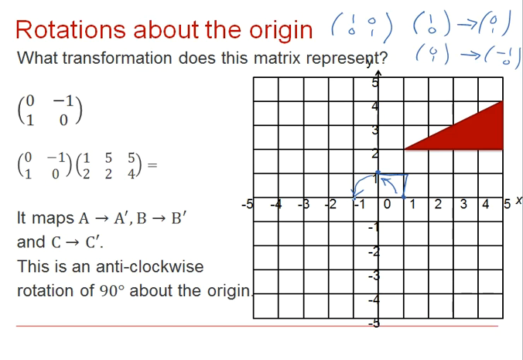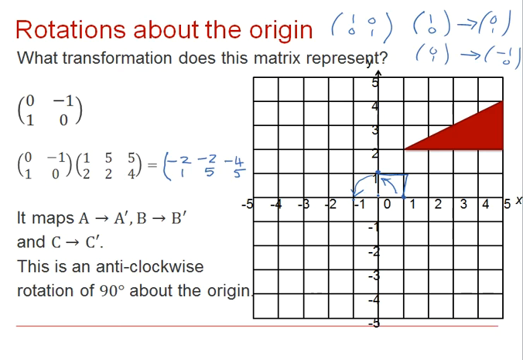to minus 1, 0. But let us also consider if this works for the red triangle, represented by the matrix 1, 2, 5, 2, 5, 4. If we pre-multiply by 0, minus 1, 1, 0, we would get minus 2, 1, minus 2, 5, and minus 4, 5.